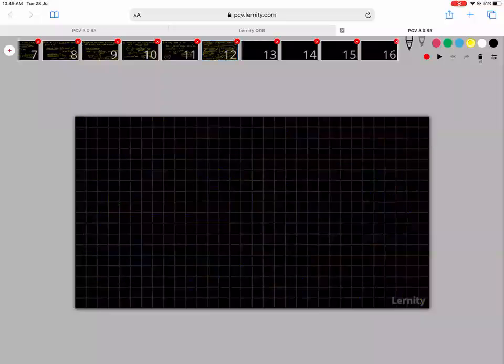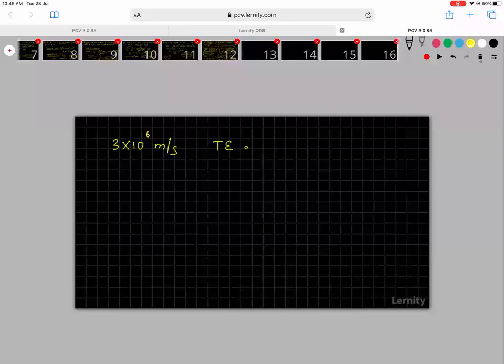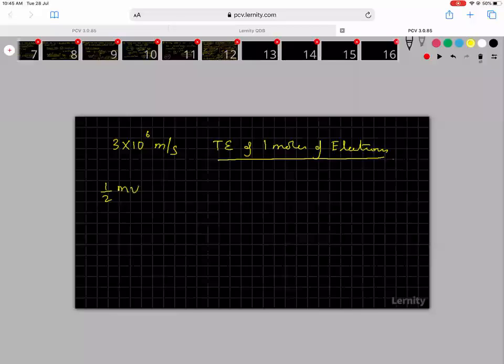Ninth question. The electron has a velocity 3 into 10 power 6 meters per second. They are asking you what is the total energy of 1 mole of electrons. So total energy is half mv squared into Avogadro number.